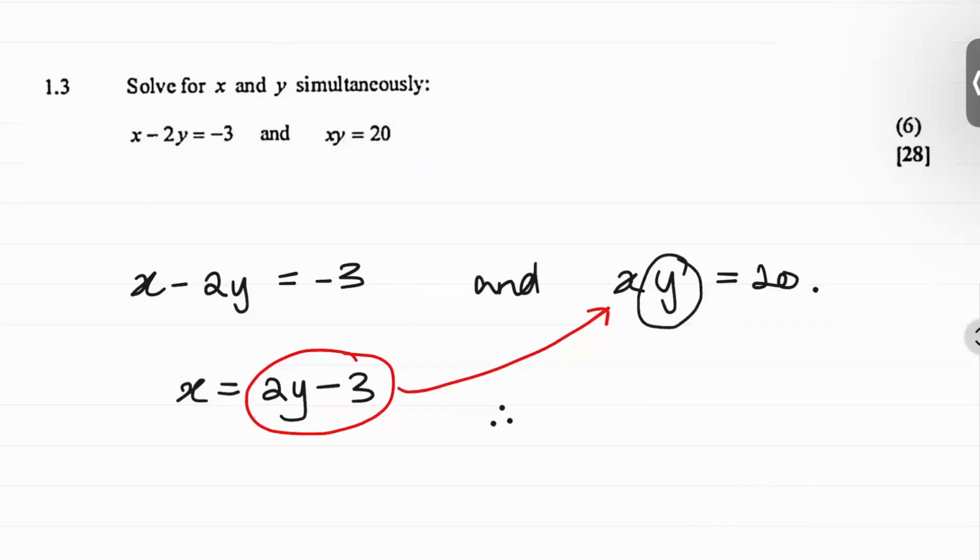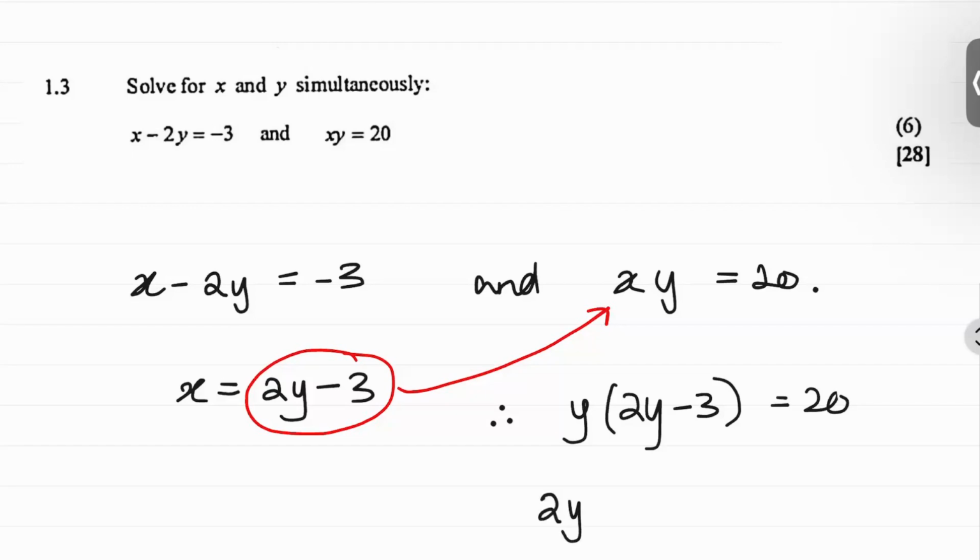Okay, I'm going to put the y in front now. So we have y multiplied by x, where x is equal to 2y minus 3. Distribute, so 2y squared minus 3y, and that's equal to 20.